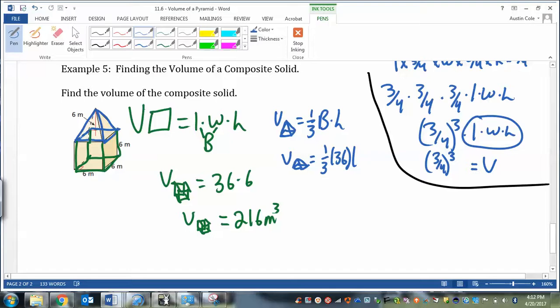What is our height over here? Well, that's 6, so we can plug that in as well. 36 divided by 3 is 12, so the volume of our pyramid is going to be 12 times 6, which is equal to 72 meters cubed.